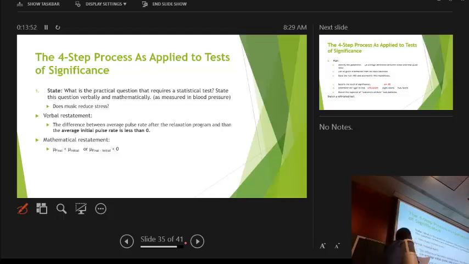Okay, and what I want you guys to do is follow this template in moving through the actual data, the hypothesis test. So the first thing you want to do is say, what's the question we're trying to find out? In this case, does music reduce stress? That's going to be in the corner there.